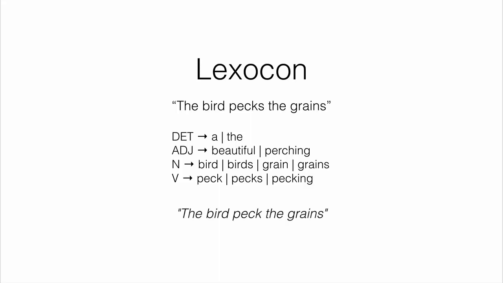Then we have something like the bird pecked the grains, which is not valid, but it can be taken apart the same way. So these are just rules that are parsing the sentence and not really creating, say, a correct context. So this is just one component. Other components are needed to make it valid.